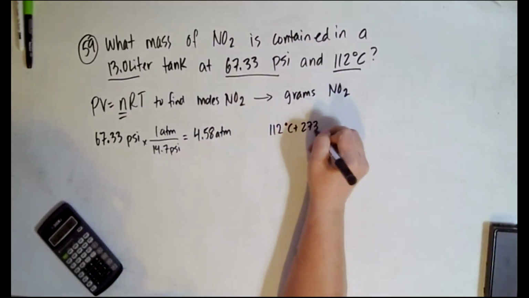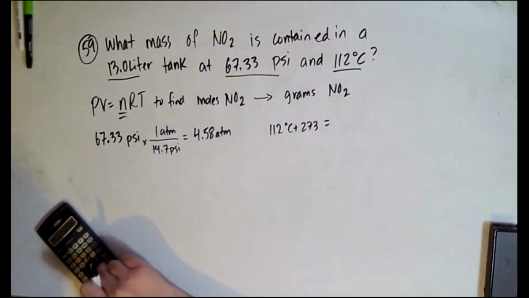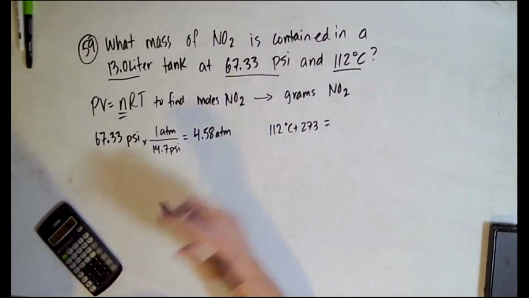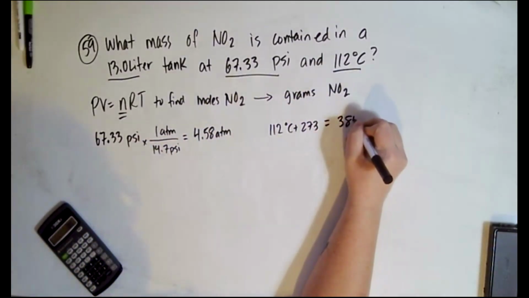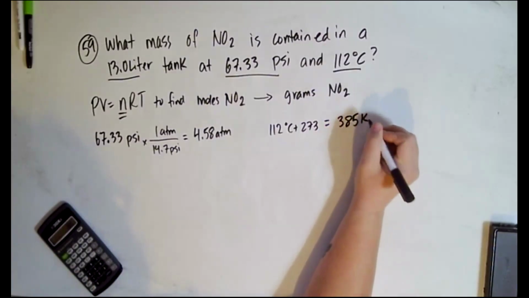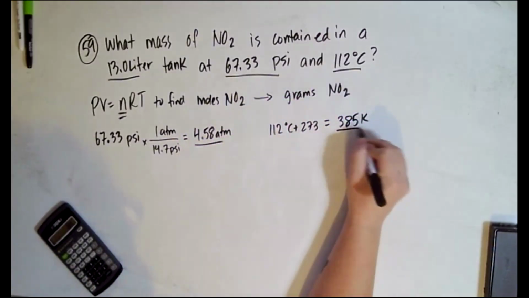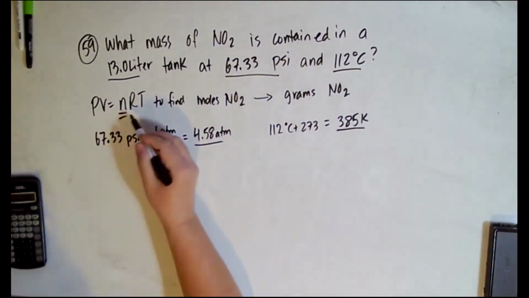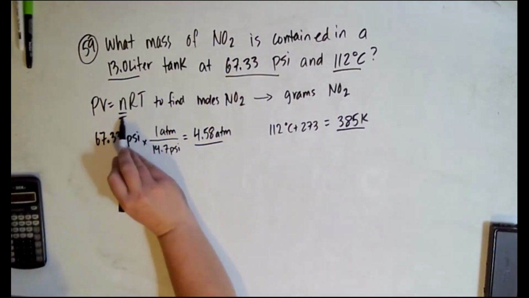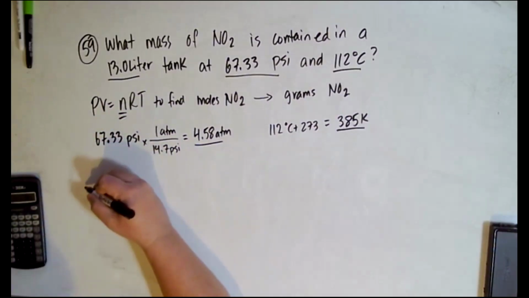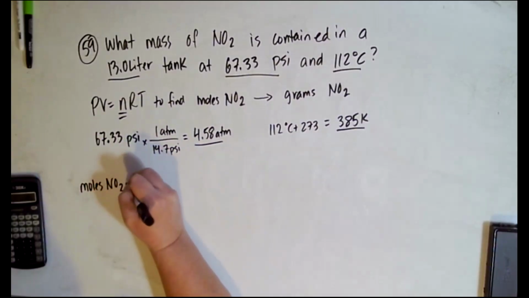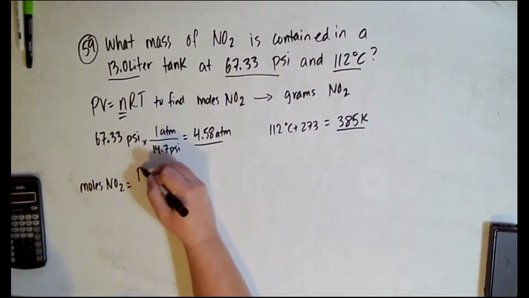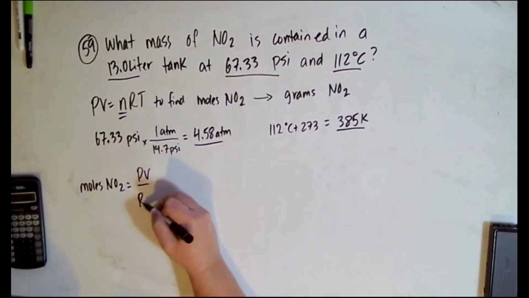We'll add 273 to that. And so now we can take our PV equals nRT and we can solve it for our moles of NO2. That will be equal to PV divided by RT.